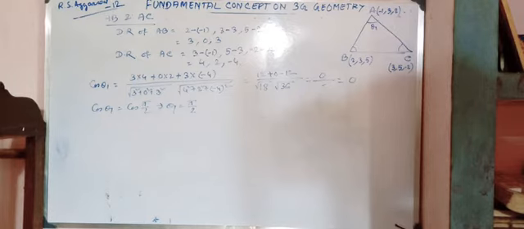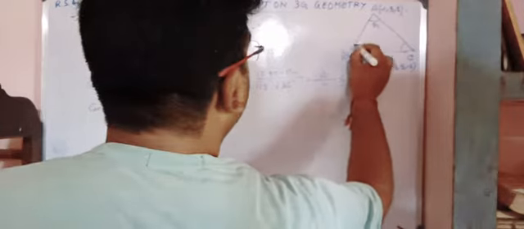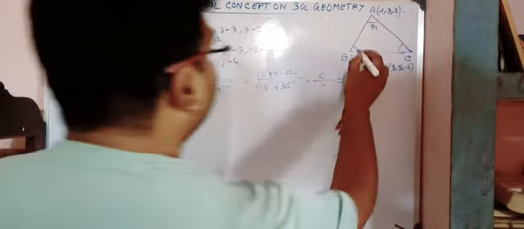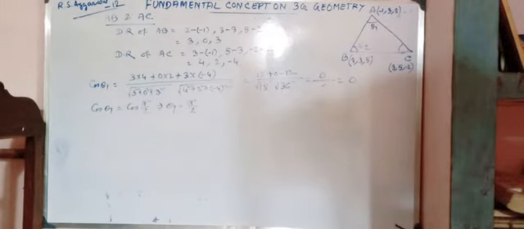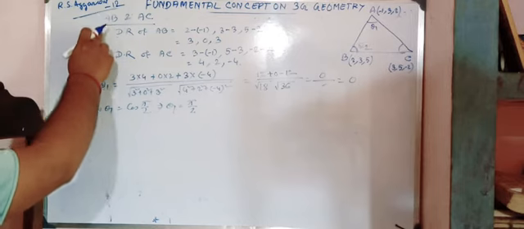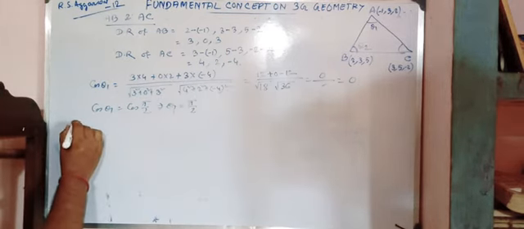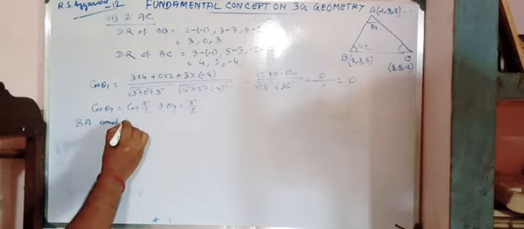Next, move to another question. We have to find the angle between this. So for that, we are taking the angle as theta 2. Now again, this is my first case. Now we are considering BA and BC.